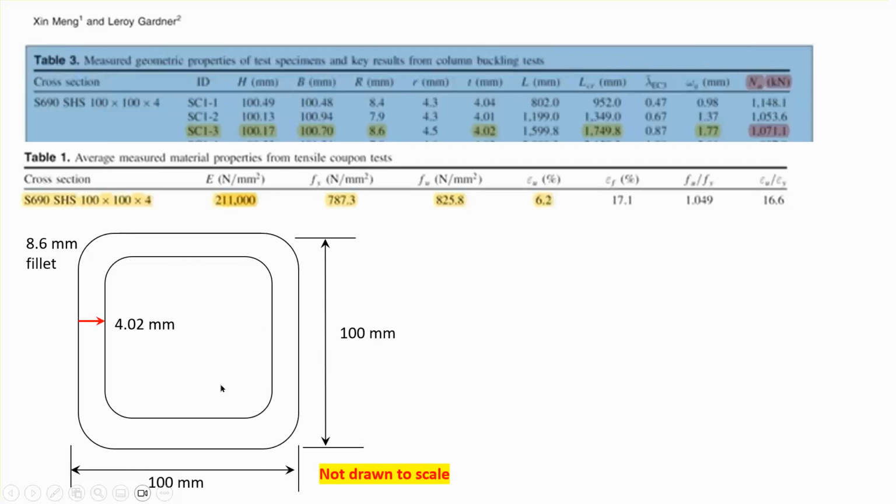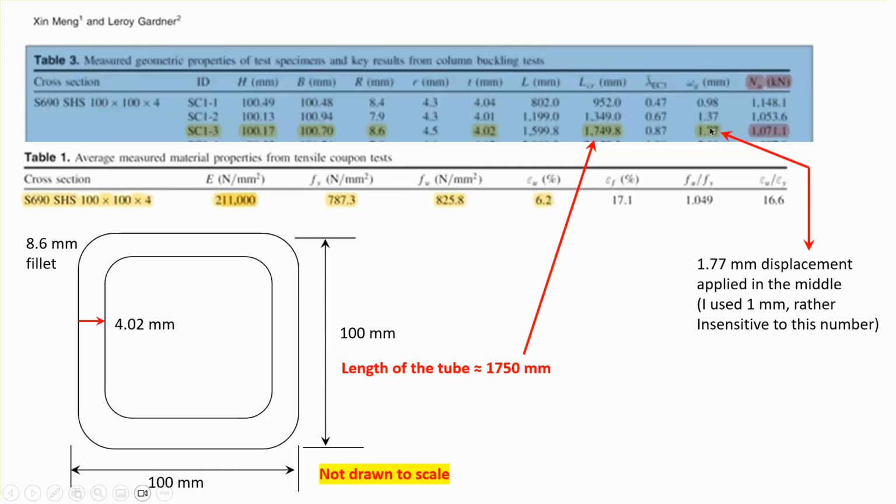The cross section's dimensions are shown here, but it's not drawn to scale, of course. And the length of the tube is roughly almost 1750 millimeters. And what I'm going to do, after I do the buckling and before I actually apply the buckling load, is try to replicate some imperfection.